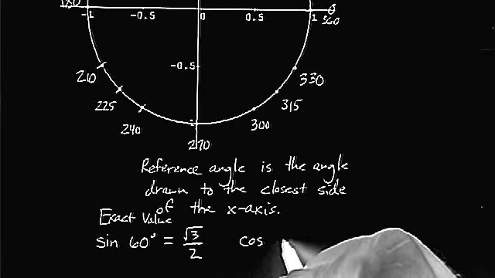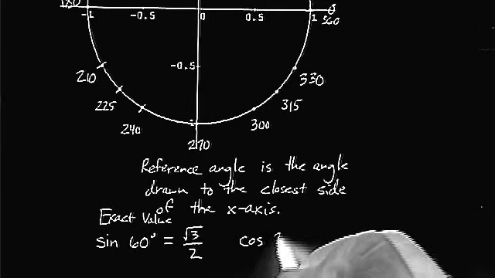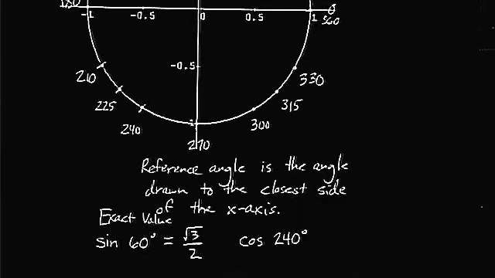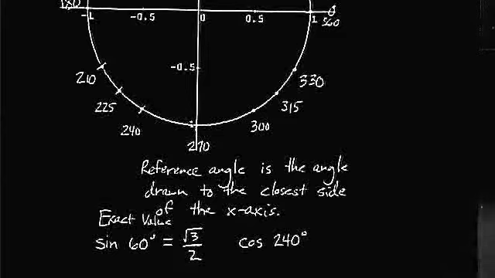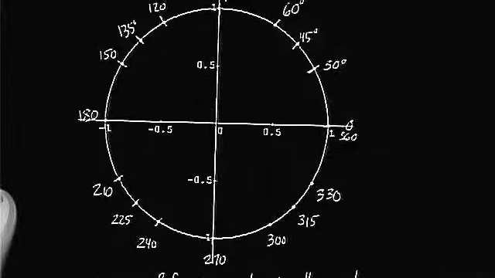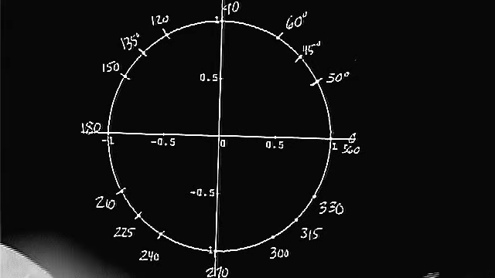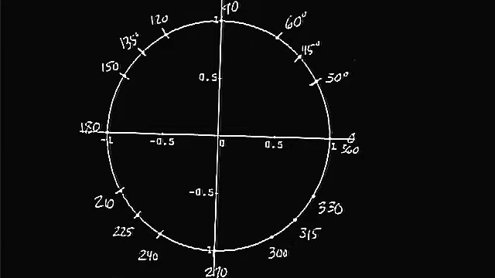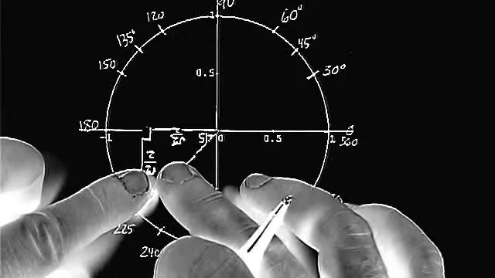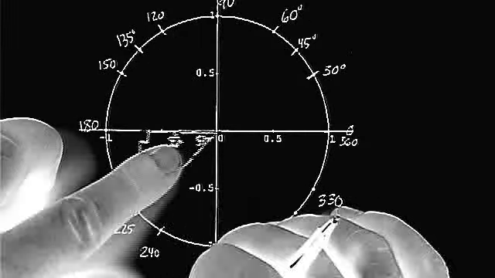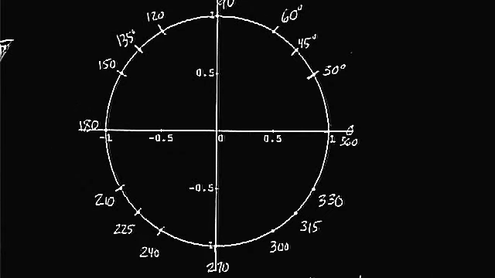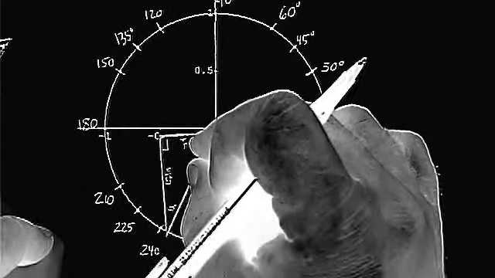What about the cosine of 240 degrees? Well, take a look at the circle. 240 degrees is down there. Do you think it's the 45, 45, 90 right triangle? No, definitely not. Or the 30, 60, 90 right triangle?